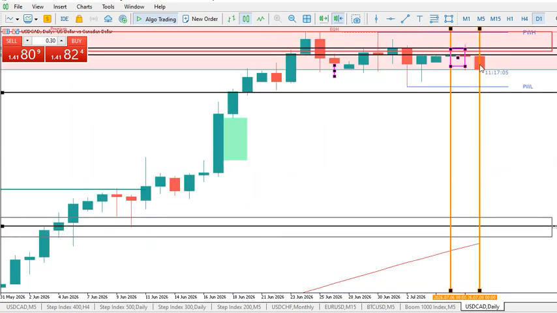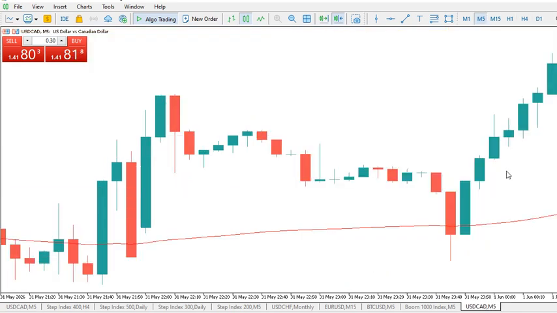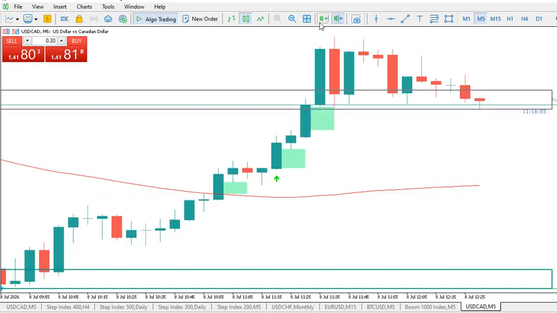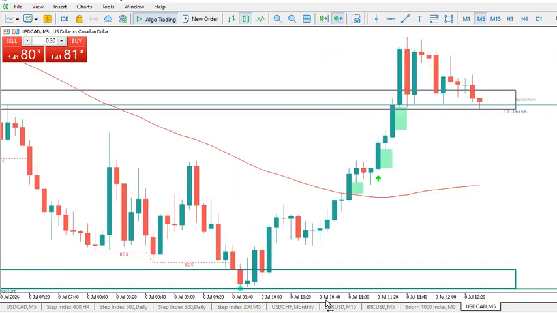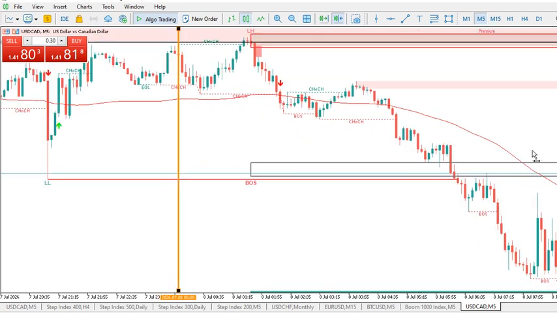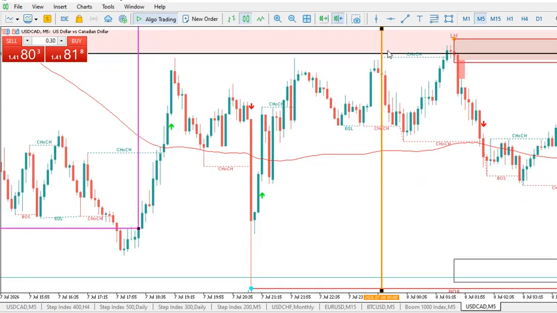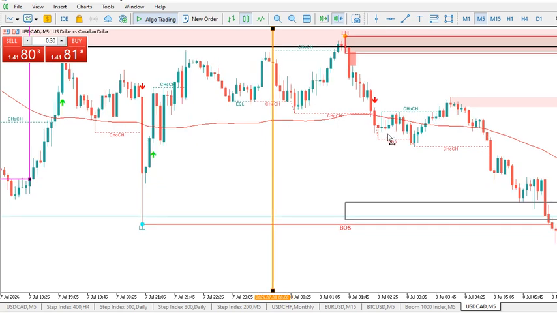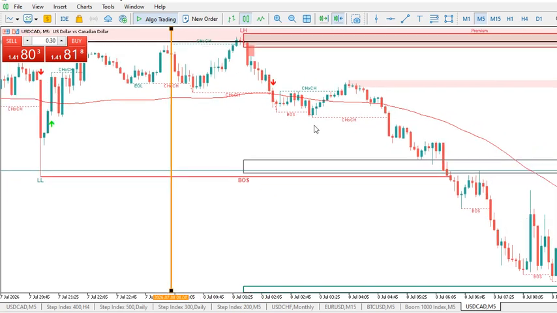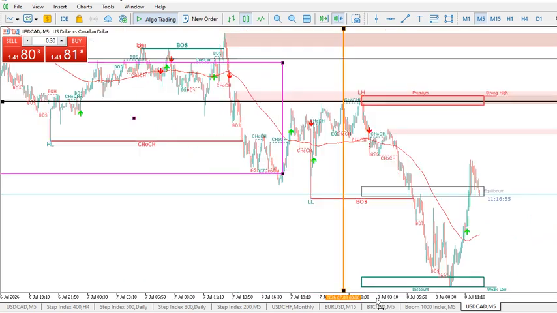For today, that is the level, you see. That's it right there. So if we go down to entry time frame, you see the level beautifully. Price came into it, gave us a sell entry, took it. Now we're riding it in profit.